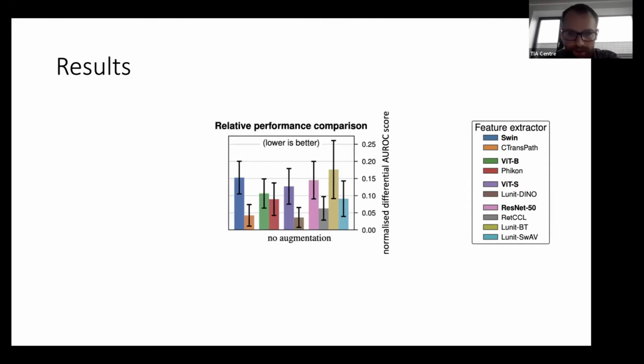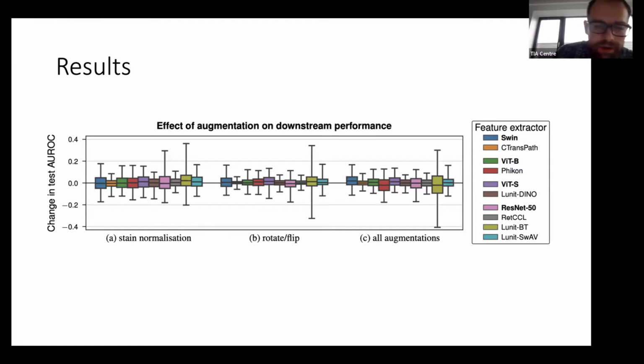George, may I ask a quick question here, sir, on the last slide? So in terms of all augmentations, what sort of augmentations do we have there? And does that include stain augmentation? Sorry. Yes, that includes, sorry, no, that does. So stain augmentation, it does not include, it includes stain normalization as an augmentation, but does not include stain augmentation per se.